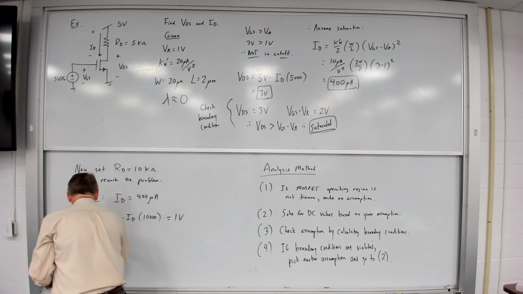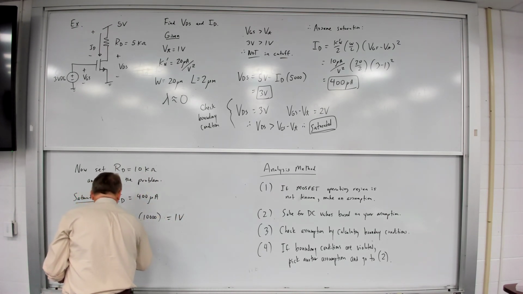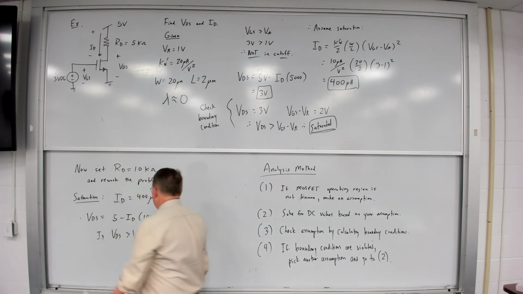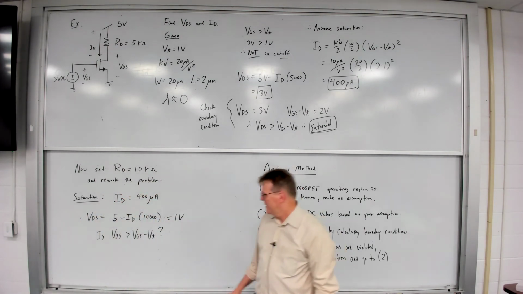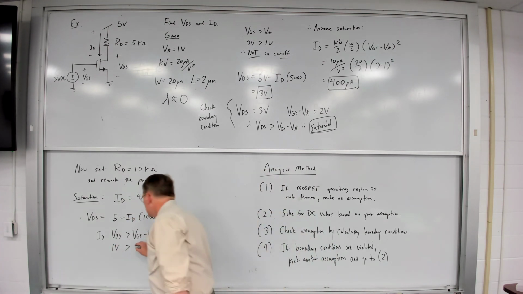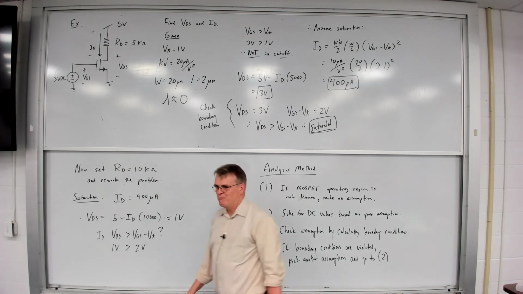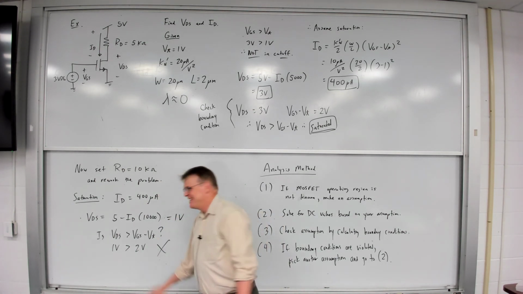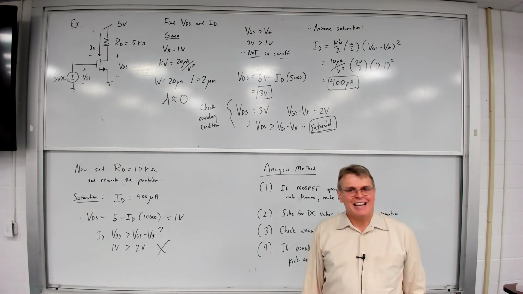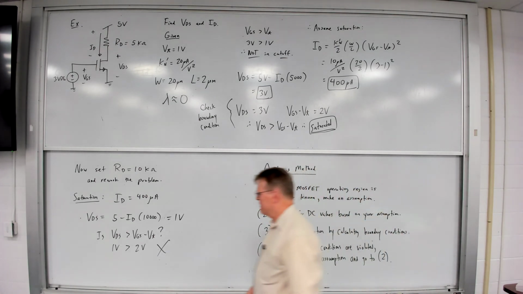So, is VDS greater than VGS minus VT? Is 1 volt greater than 3 minus 1, 2 volts? No. Obviously, I violated the boundary conditions. This cannot be in saturation.